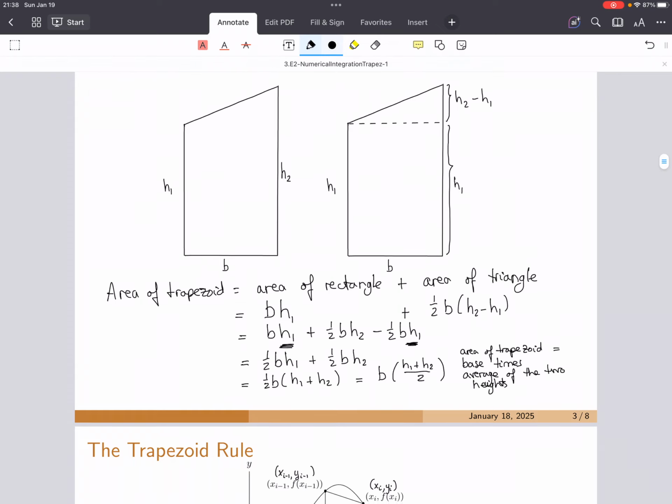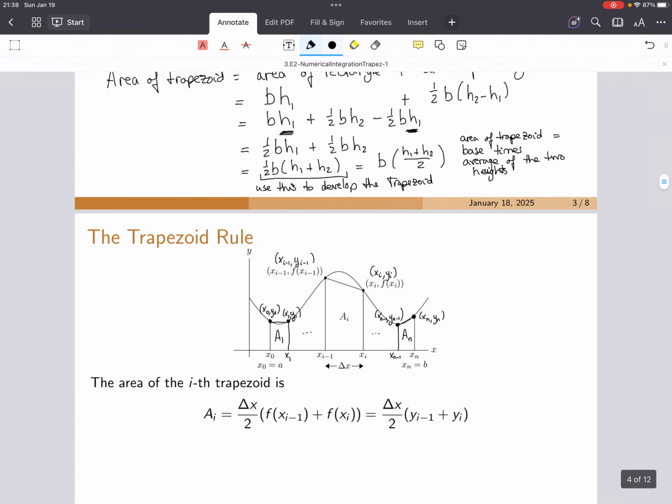Okay, and that's actually why the trapezoid rule is the average of the left point rule and the right point rule. But we're actually going to use that formula that I've underlined here to develop the trapezoid rule. So we'll use this formula to develop the trapezoid rule. Okay, so let's take a look at how that would work on the next page.